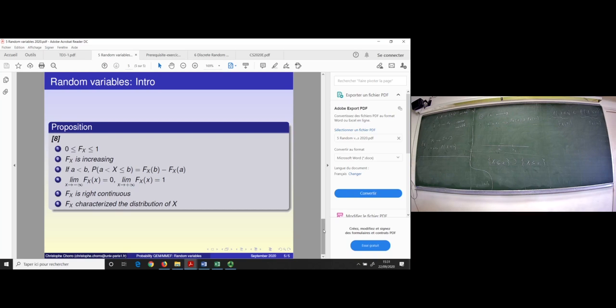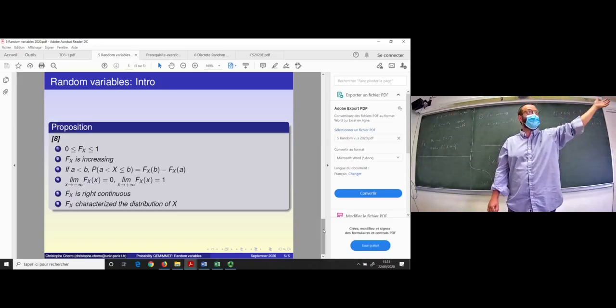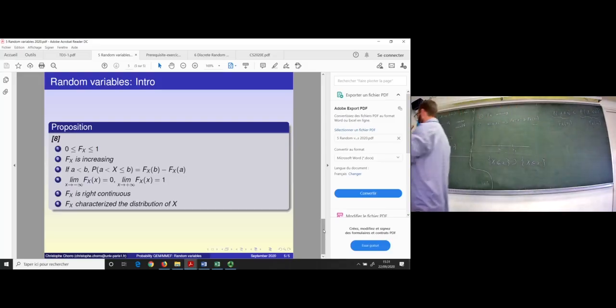So F_X is an increasing mapping. x1 greater than x2 implies the image of x1 is greater than the image of x2. It is the definition of being increasing. Now keep in mind that we have seen in the case of the indicator function that we don't have in general that it is strictly increasing, but we just have to be increasing.